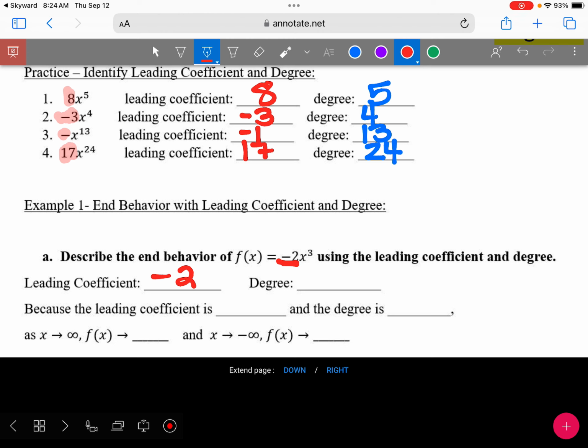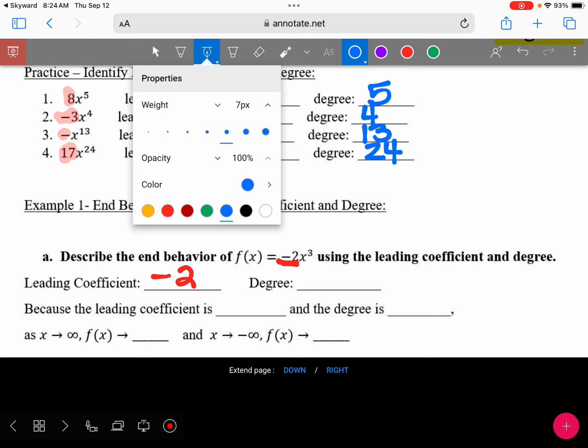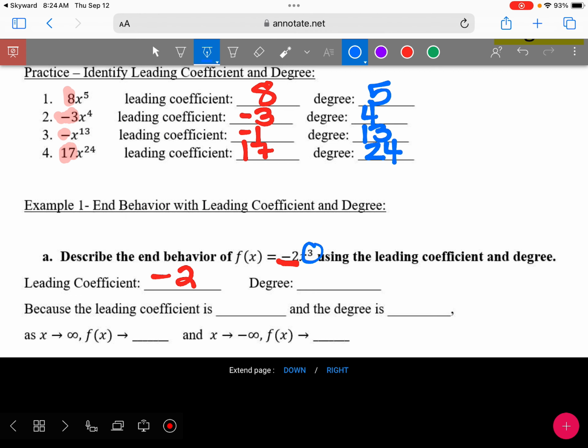The degree is your highest exponent, which in this case is 3. So my leading coefficient is negative, and 3 is an odd number or an even number? Odd.